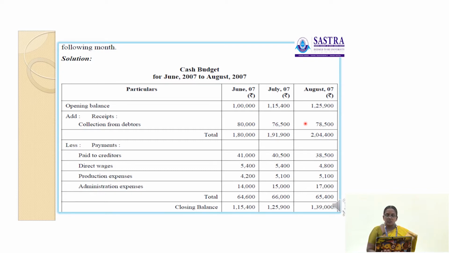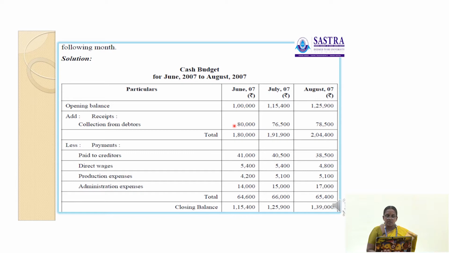Okay, in the month of June collection from debtors: in the month of April the sales amount is 80,000, which is receivable in the month of June. So you have to allow the 2 months credit period.